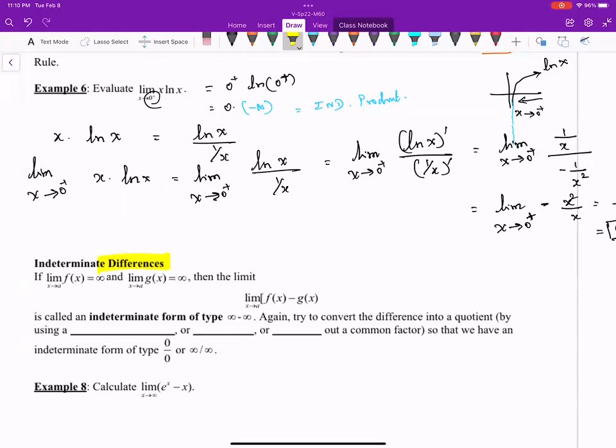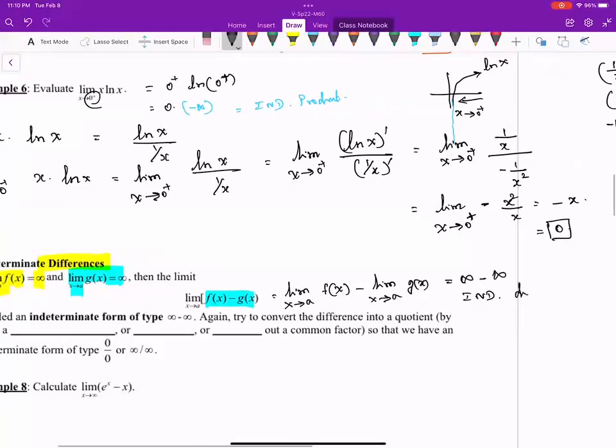So if the limit as x approaches a of f of x is equal to infinity, and the limit as x approaches a of g of x is equal to infinity, and when we take the difference, the limit as x approaches a of f of x minus g of x would be the limit as x approaches a of f of x minus the limit as x approaches a of g of x. Both values are infinity minus infinity kind, so it is an indeterminate difference.